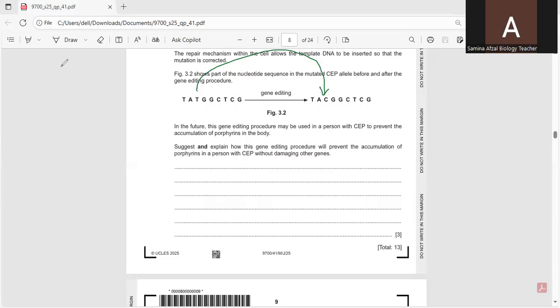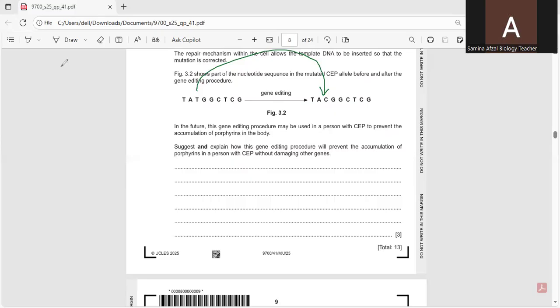This process is based on the CRISPR-Cas9 system and the cell's natural DNA repair mechanism. First, how the mechanism of precise gene correction takes place. The first point is targeting the mutant allele. As you can see, the T has been replaced by C, so the T was the mutant allele.